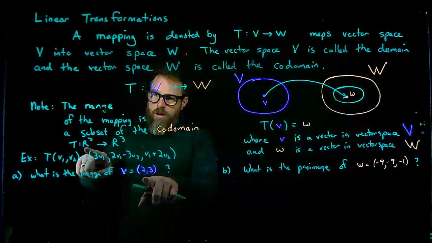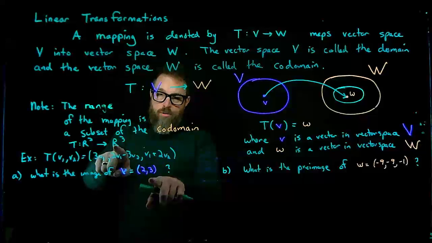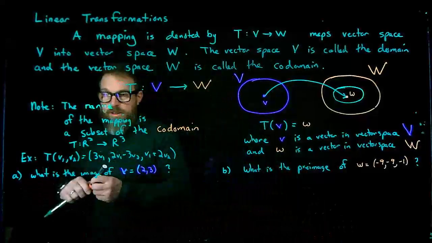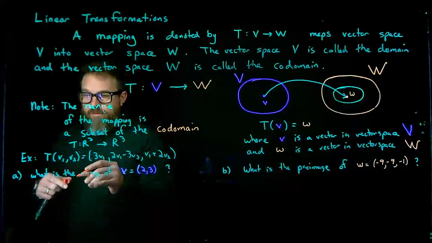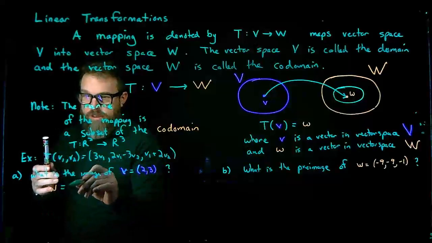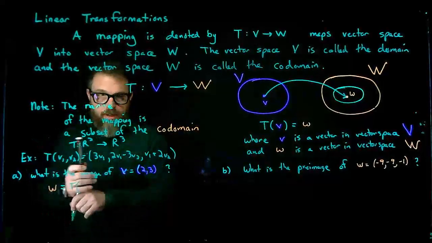What I know is this is an R2 vector, and I know it's going to map into an R3 vector. So I want to know what that R3 vector is. What would w be in this case? Well, w is going to equal T plugging in 2 comma 3.